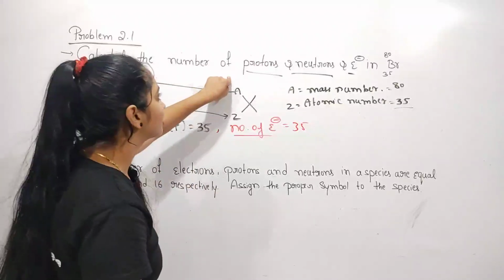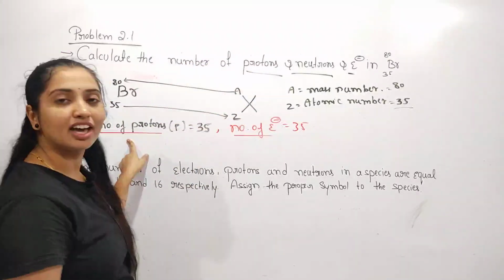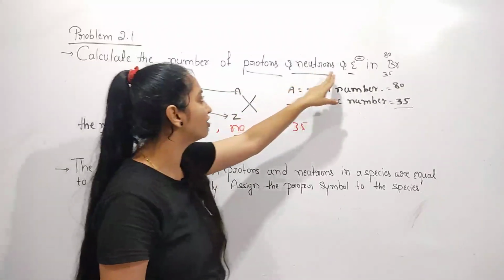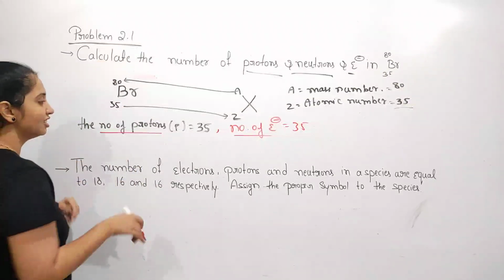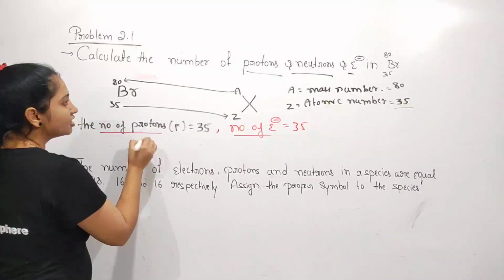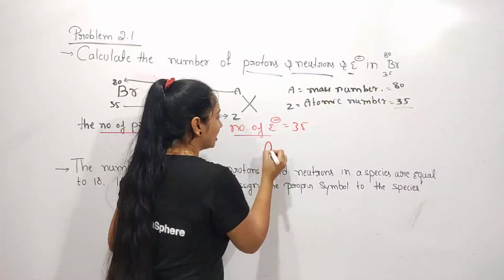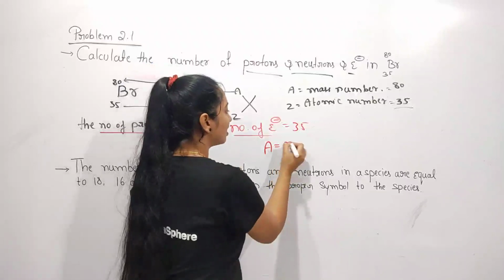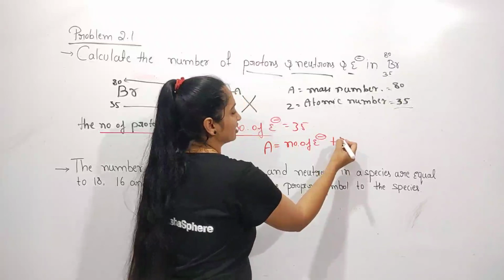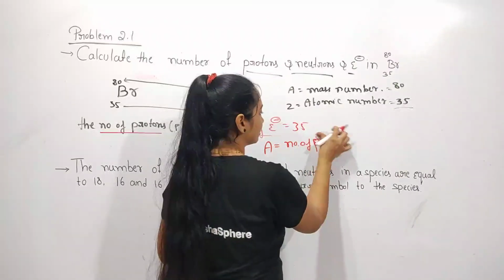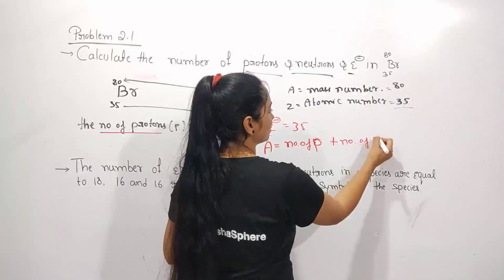And what is asked in the question, just observe once again. Calculate the number of protons, which we have already found, and the number of neutrons. So now we have to find the number of neutrons. The mass number A is equal to the number of protons plus the number of neutrons.